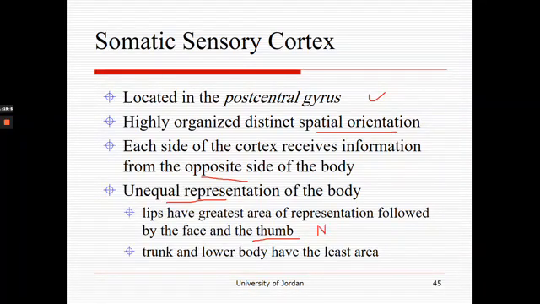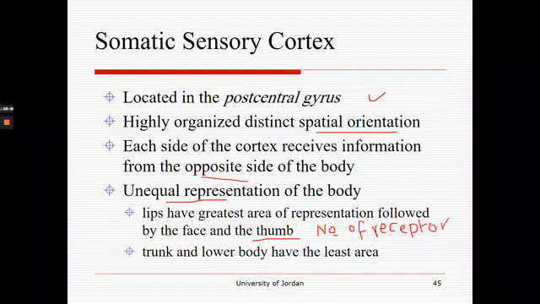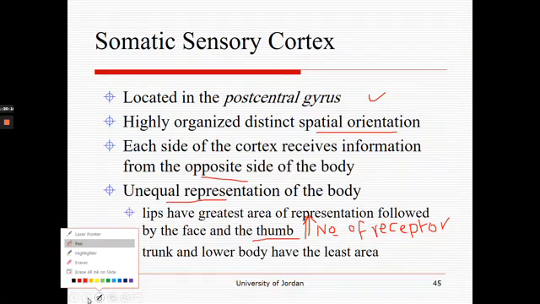The trunk and lower body have the least area because they have a lower number of receptors.